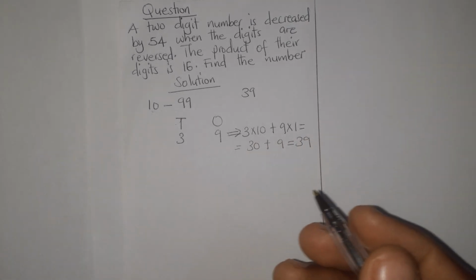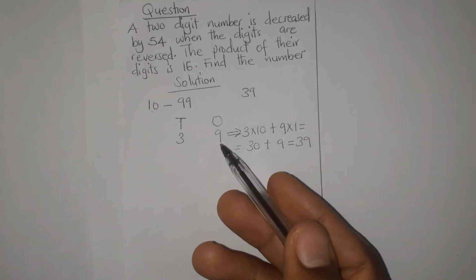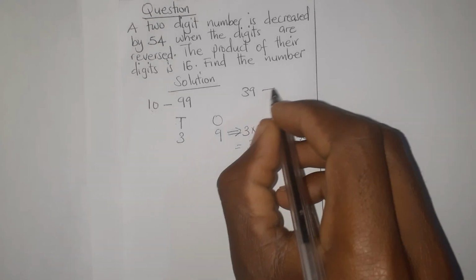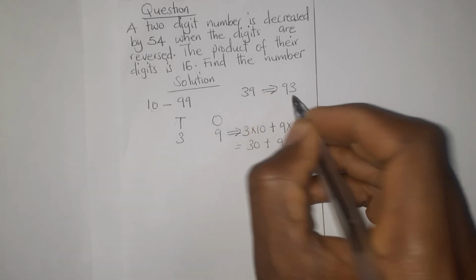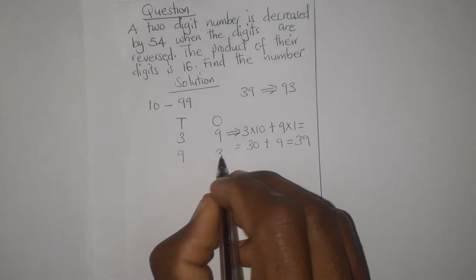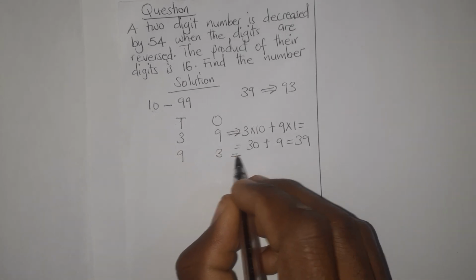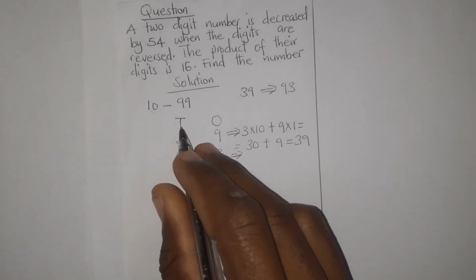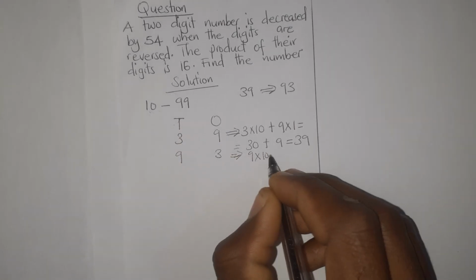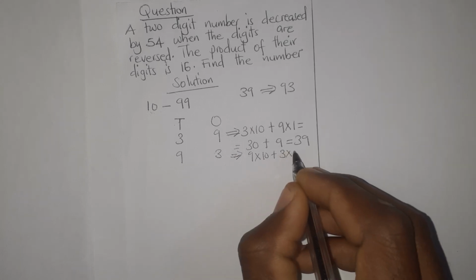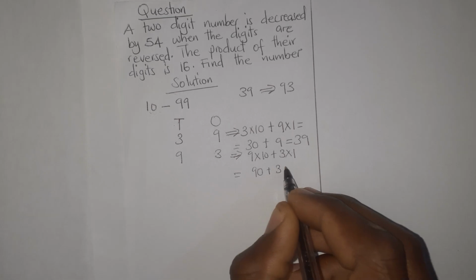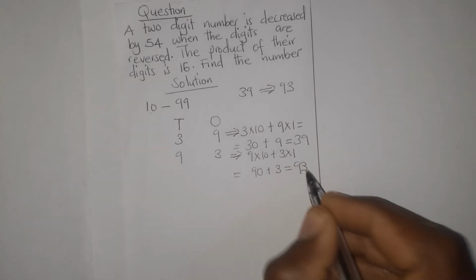Now we reverse this number. The reverse of 39 is 93. We start with 9, so 9 is tens now and 3 is ones. To rewrite this, it is 9 times 10 plus 3 times 1, which is 90 plus 3, giving us 93.